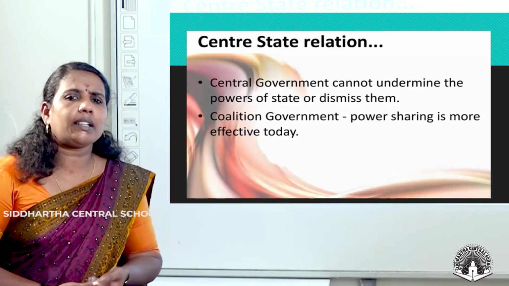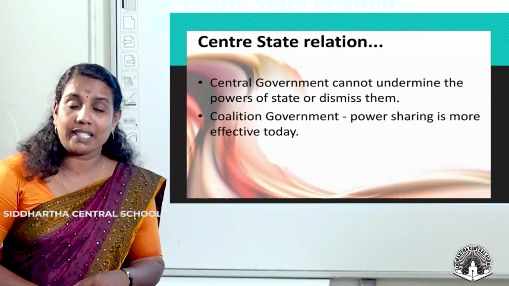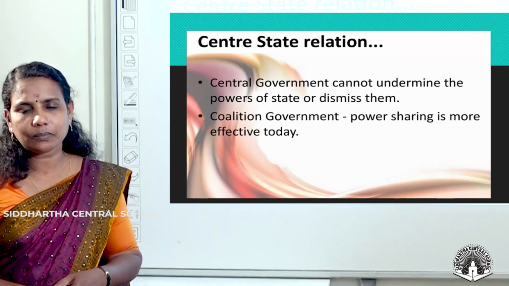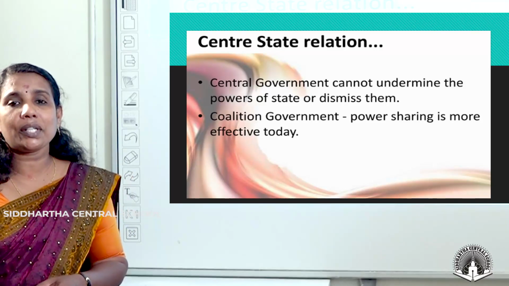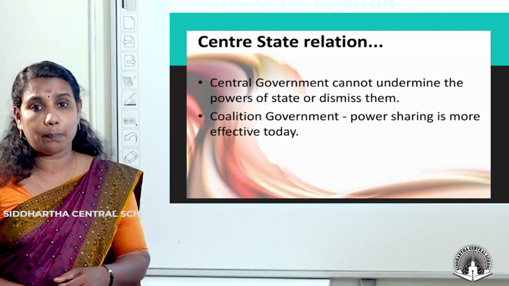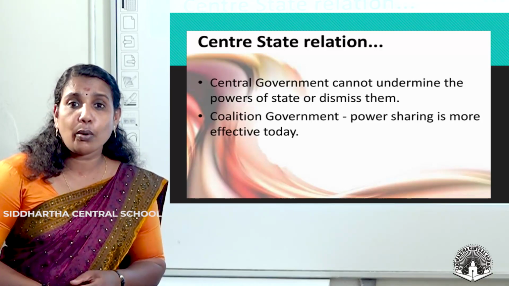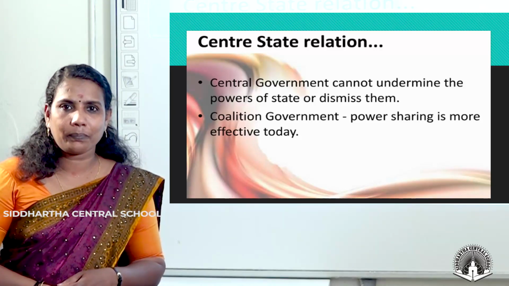For a long time, the center and the state were ruled by the same party. Here we can see that the state governments cannot exercise their rights as autonomous federal units.